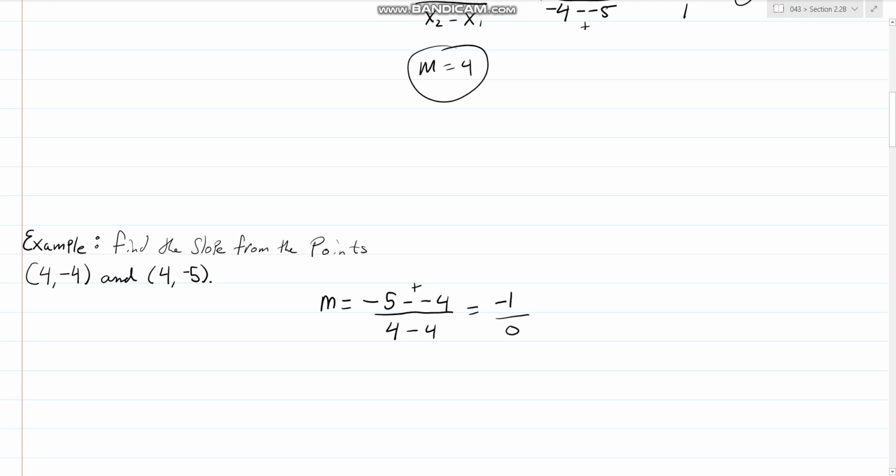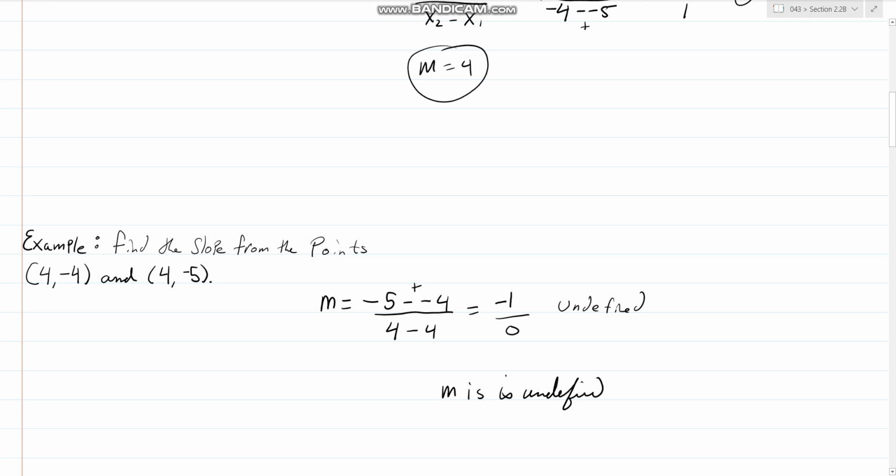Uh-oh. So when we divide by 0, that's undefined, right? We learned that in chapter 1, that division by 0 is undefined. So this slope is undefined. M is undefined, okay? And that can happen.